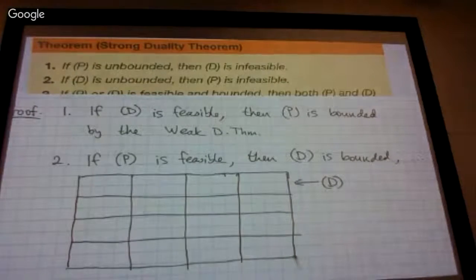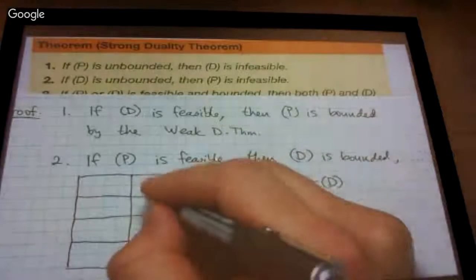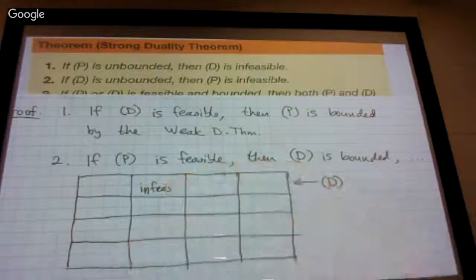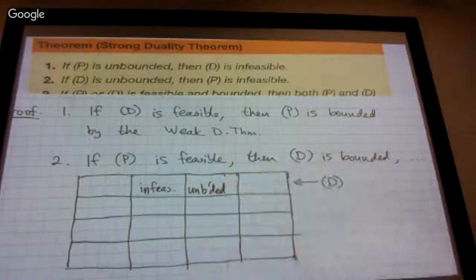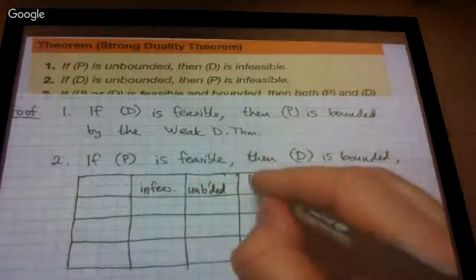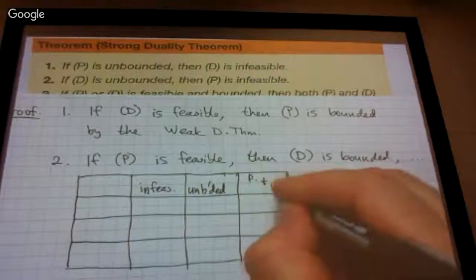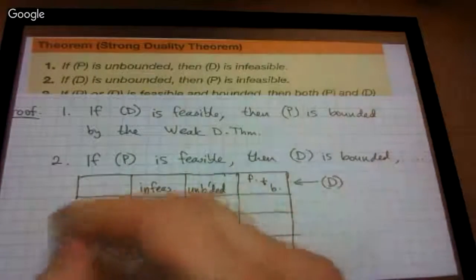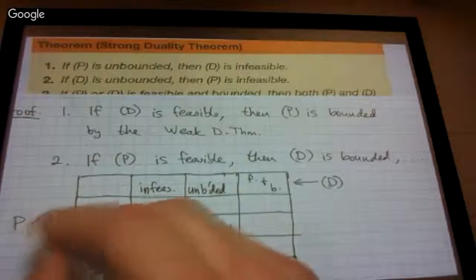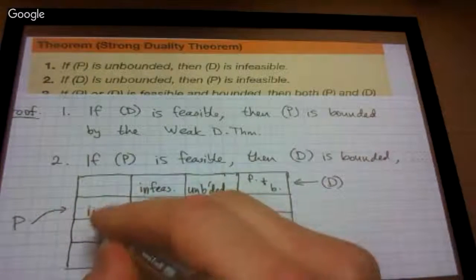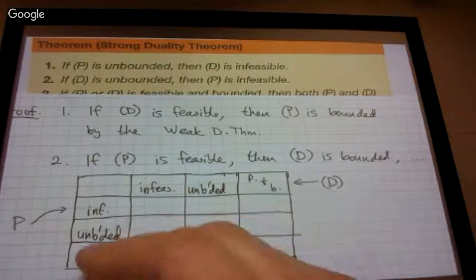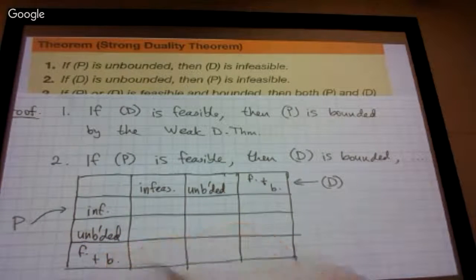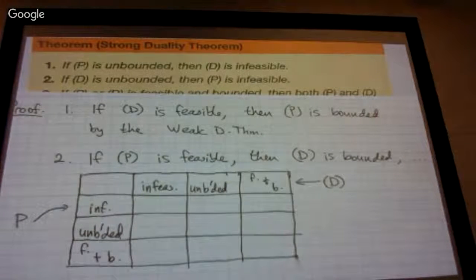What can the dual be? Infeasible, or unbounded, or feasible and bounded. And the primal can also be infeasible, or unbounded, or feasible and bounded. There are these three options.